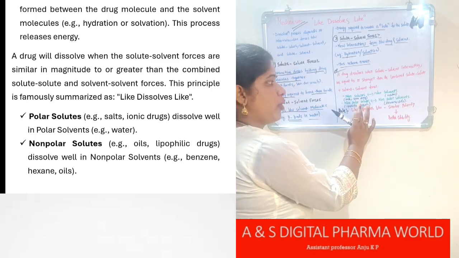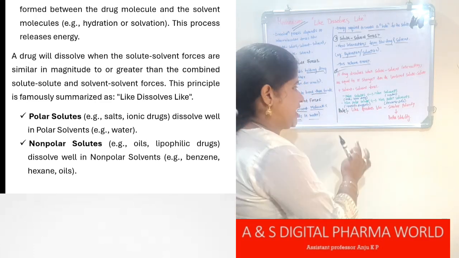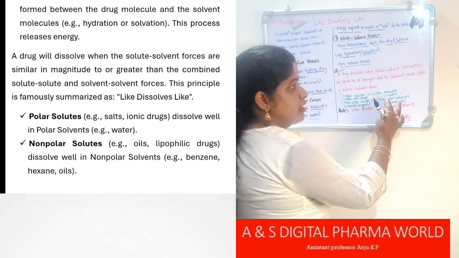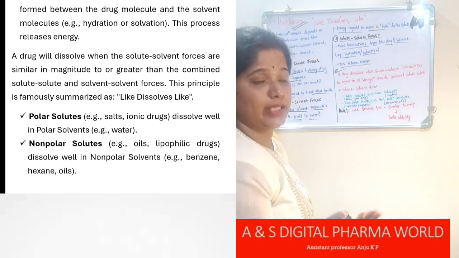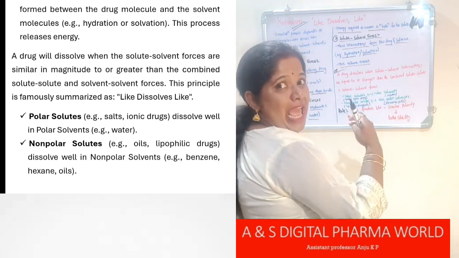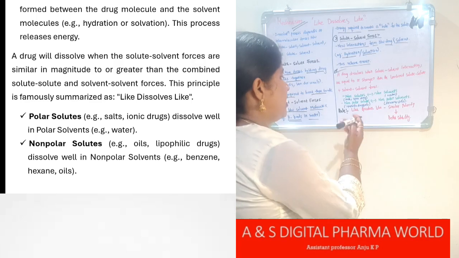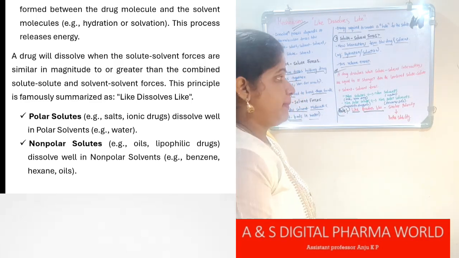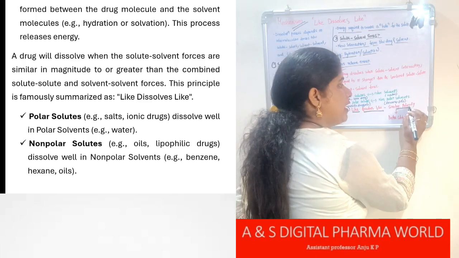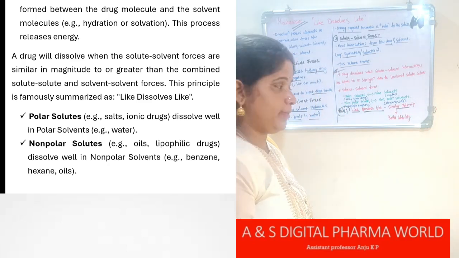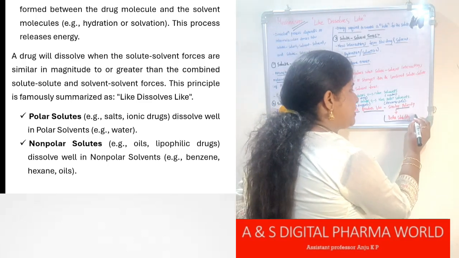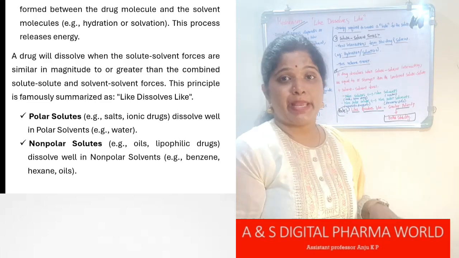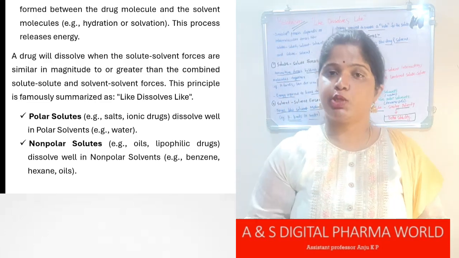In the case of non-polar solutes like lipophilic drugs and oils, they will only be soluble in non-polar solvents like hexane and oils. So the rule which you have to remember is like dissolves like. That means if the molecules have similar polarity, we will get better solubility. Okay, this is about the mechanism of solubility.